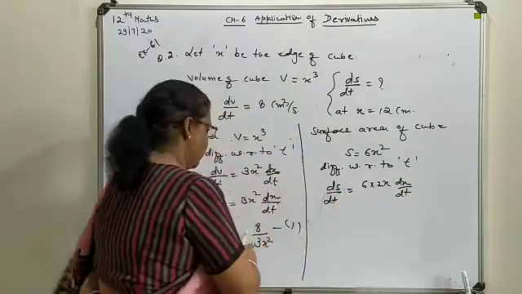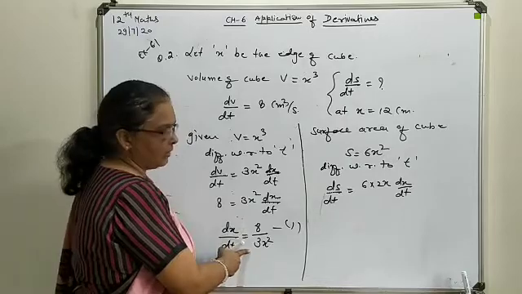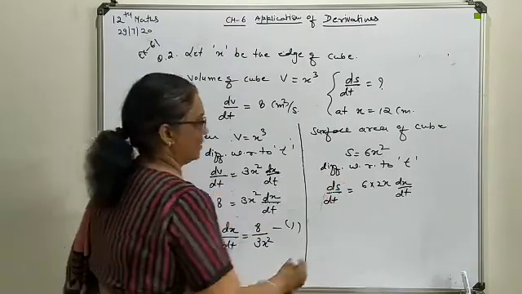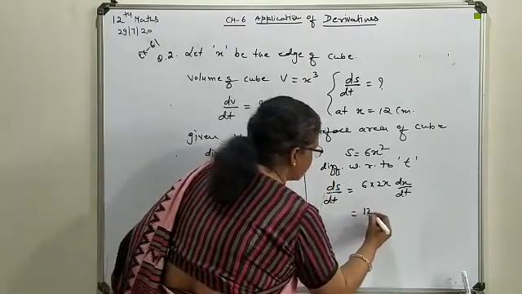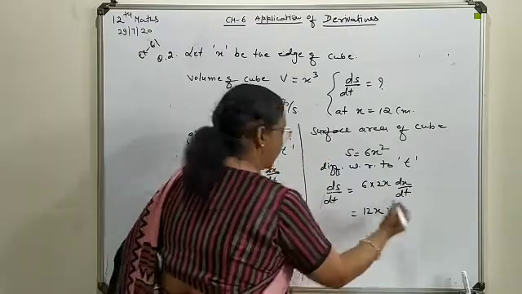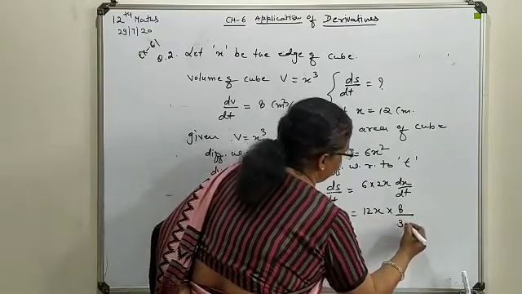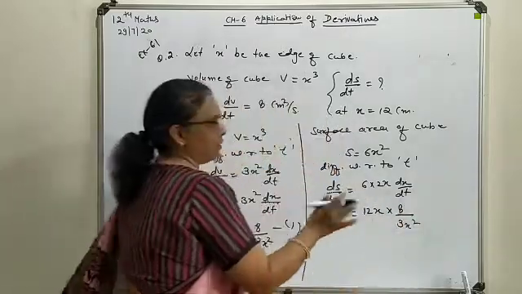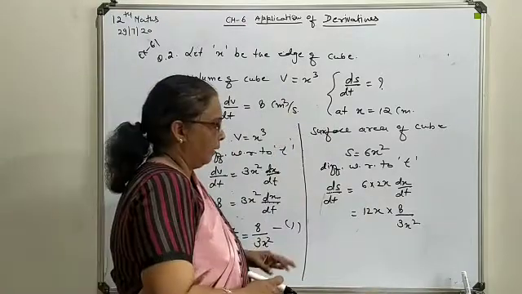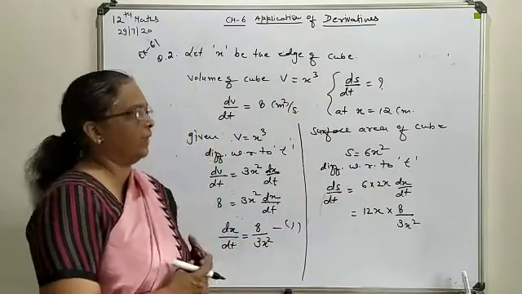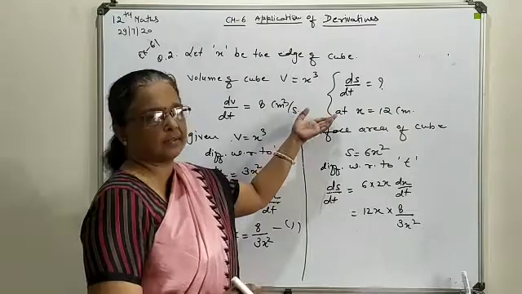Now dx by dt you have already evaluated in the previous case, so we are just going to substitute it as such. So it is 12x into 8 upon 3x square. First convert it to the simplified form, and then at last substitute x as 12.